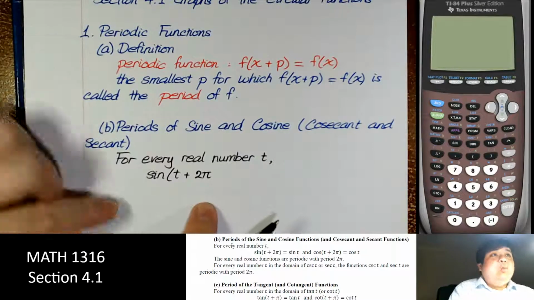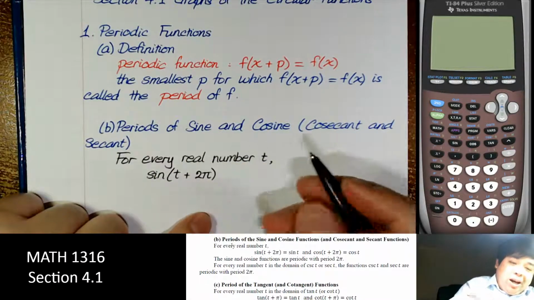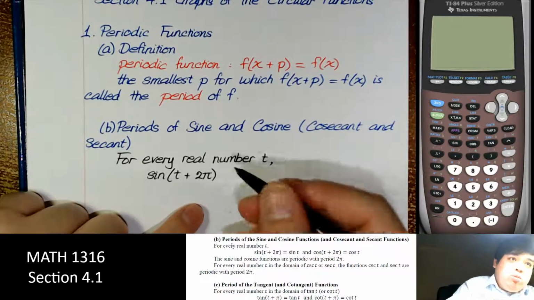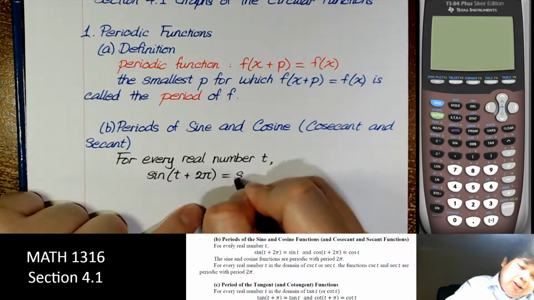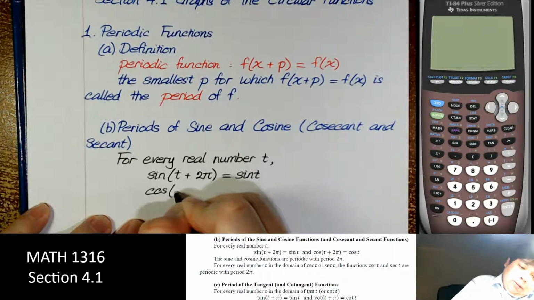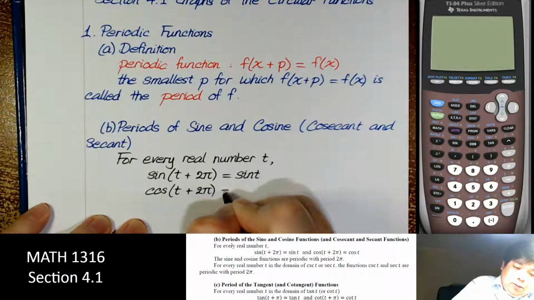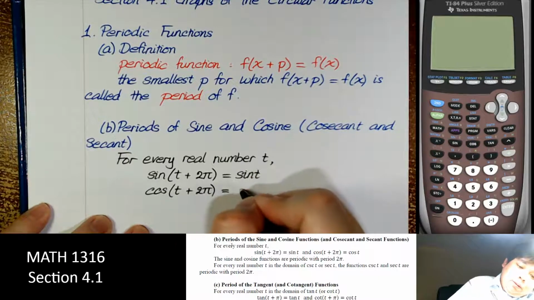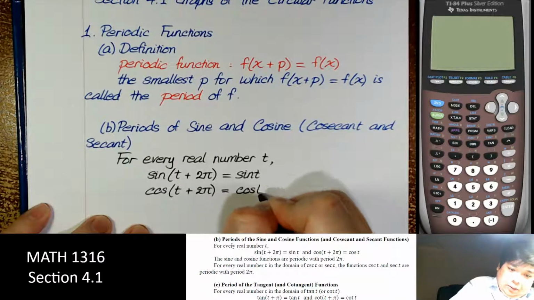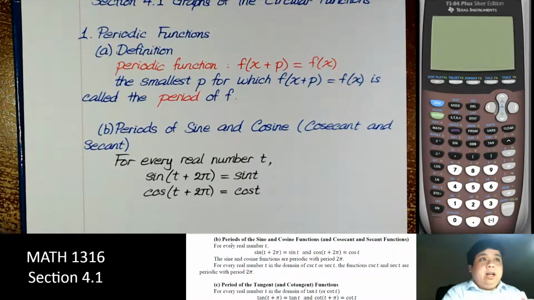So when we add 2 pi to it, we get back to the same point. Therefore, the x, y, and r are the same, and the trig values will be the same. So after 2 pi, the values will repeat themselves.